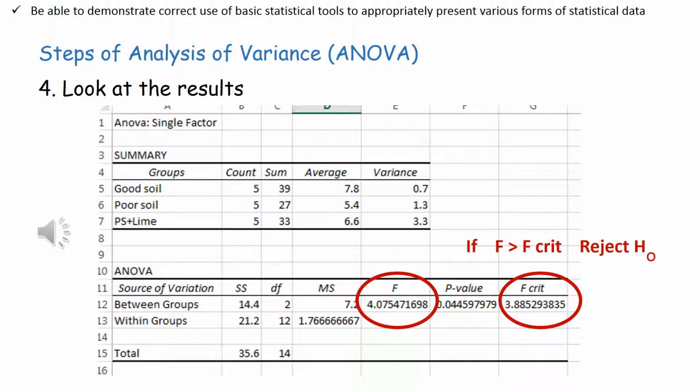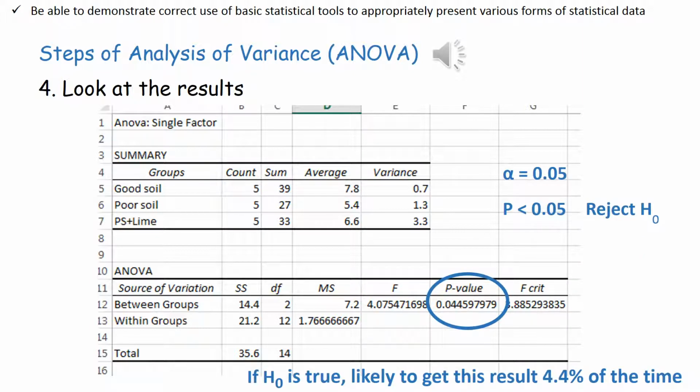If there are differences due to treatment, the F value will be greater than 1, but we then compare it to the F critical value provided in the table. If the F value is greater than F critical, we reject H0. And just a note on how we calculate F, we take the mean squares of between groups and divide it by the mean squares of within groups.